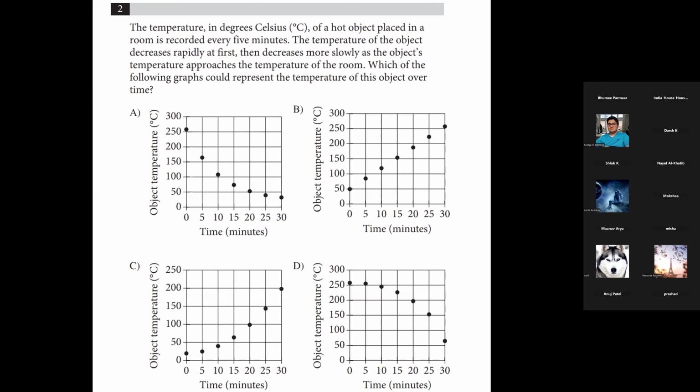Okay, so for question two, we're told that the temperature decreases rapidly at first and then decreases more slowly as the object's temperature approaches the temperature of the room.